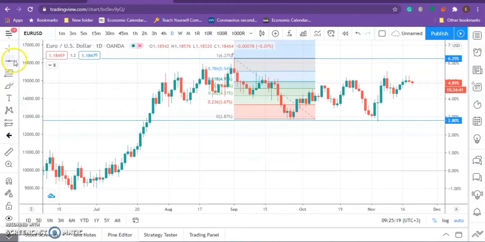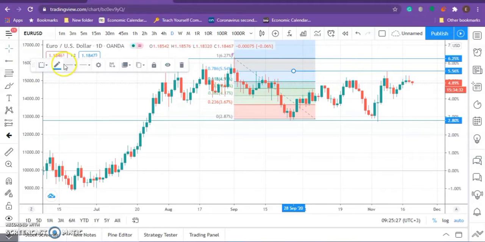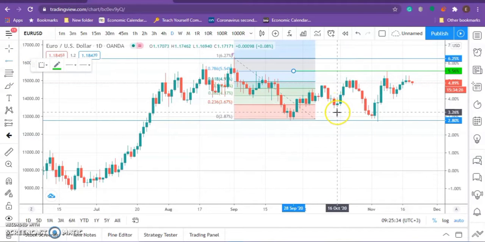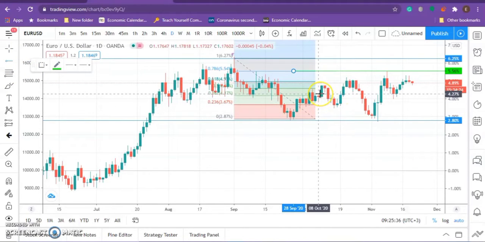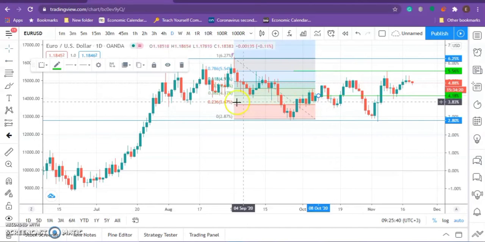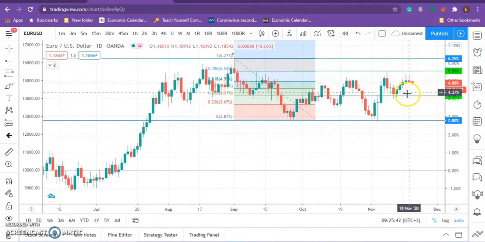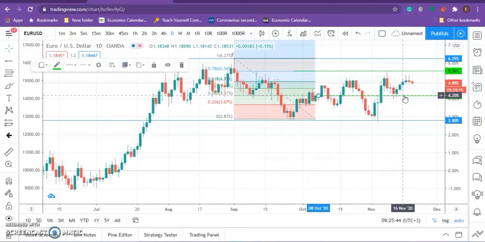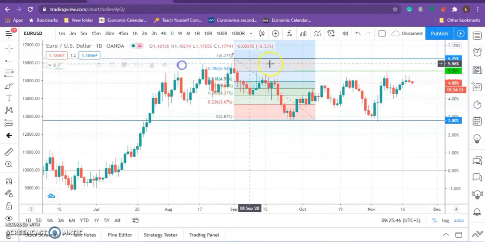Yeah, so let's put another horizontal. We're going to change the color of this one. So in between here, let's put it green, is where we are going to make our entries, and also we're going to see where to exit. Oh, sorry, these are not full.